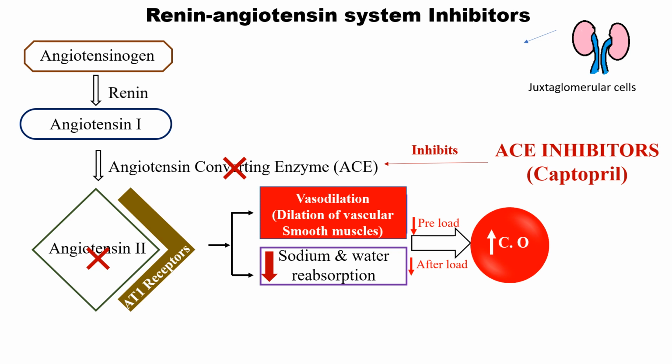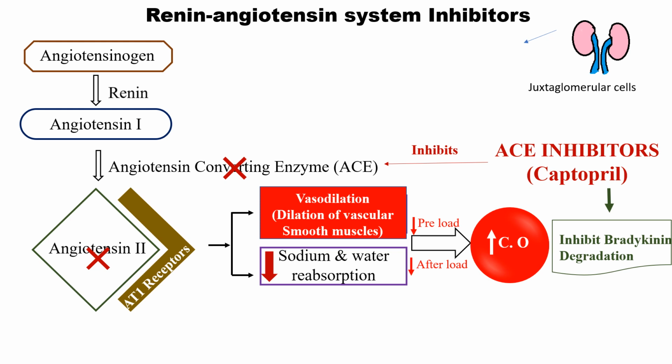Do you know one more action of ACE inhibitors that really helps to manage congestive heart failure? Yes. ACE inhibitors inhibit the degradation of bradykinin. Bradykinin is an inflammatory mediator and it is a vasodilator.